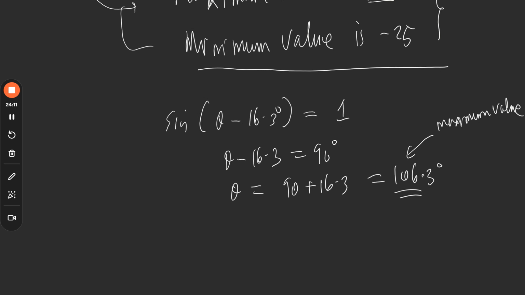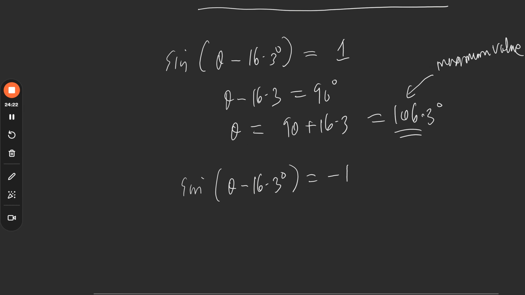And what about the minimum value? So I'll be taking sine of theta minus 16.3 degrees and equating this with negative 1. So which angle? Sine inverse of negative 1, so theta minus 16.3 degrees, sine is negative in the third and fourth quadrant. So for this case, you're talking of 270 degrees.